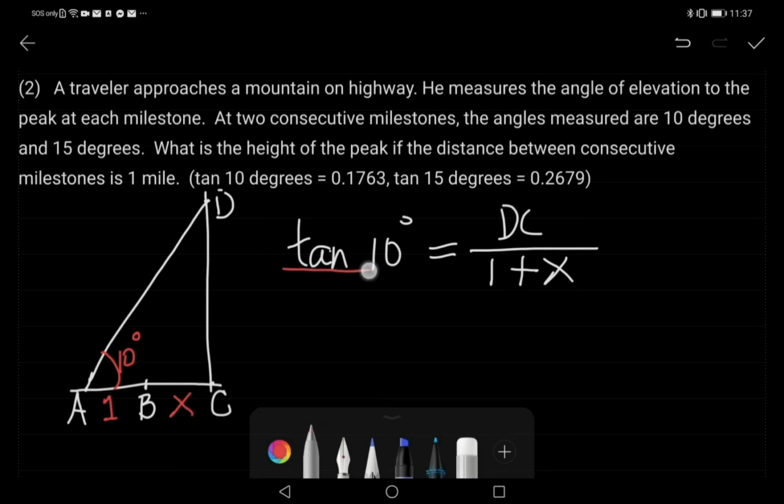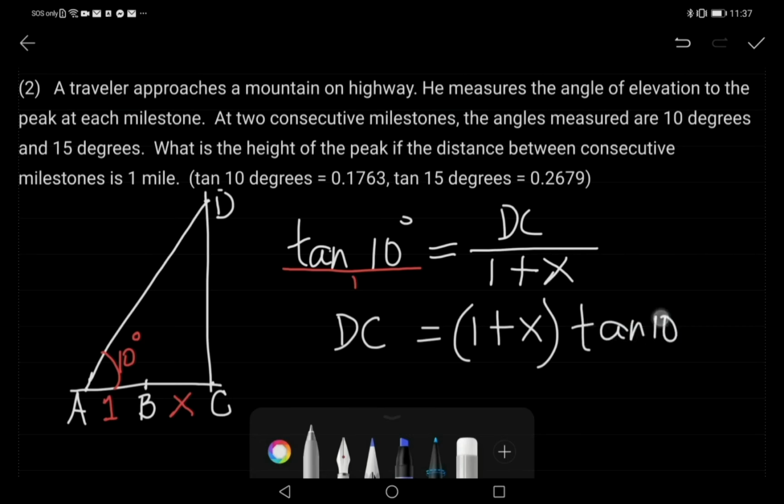So we will cross multiply. This one is understood as 1. So DC is equal to 1 plus X times tangent 10 degrees.